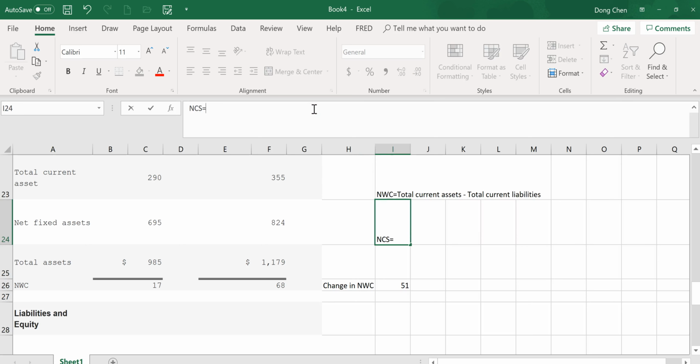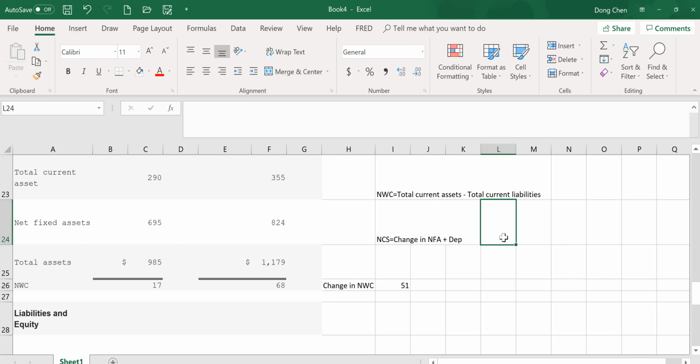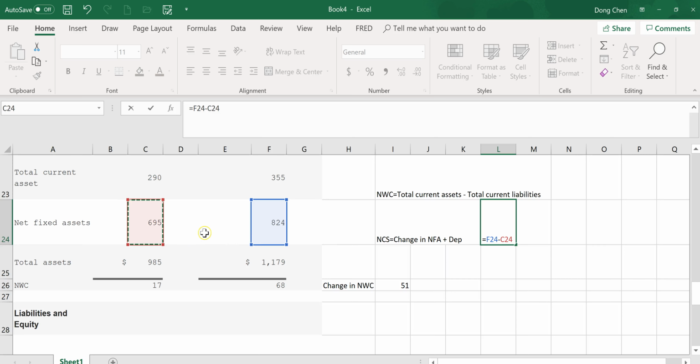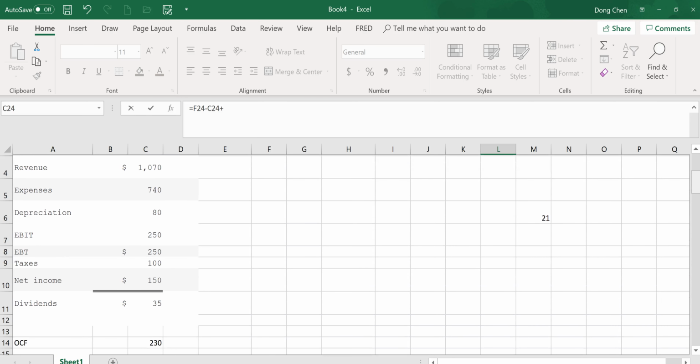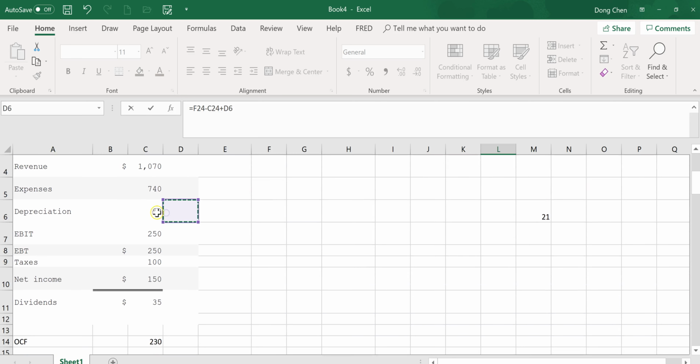This equals change in net fixed assets plus depreciation expense. So in our case, this is the 2017 level minus the 2016 level, and then plus the depreciation expense, which is in the income statement here.